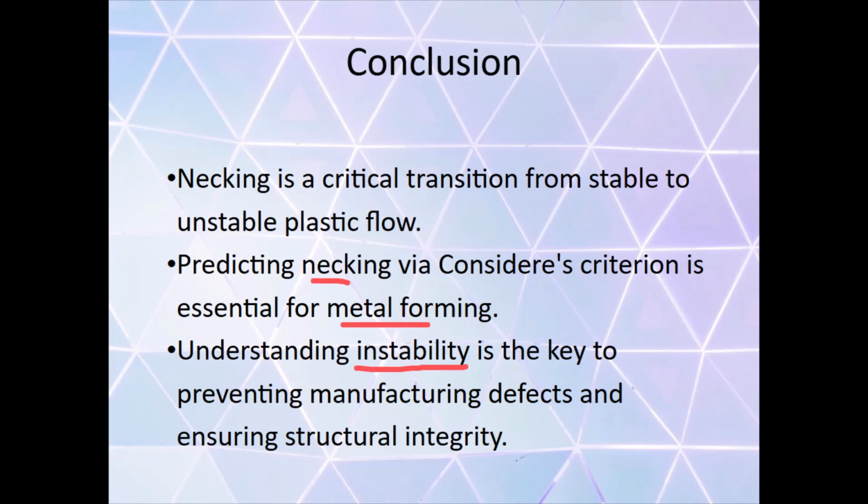So according to that, we have to make the material so that it withstands higher temperatures. For this also, we have to understand instability. This is the key to understanding this. And this is all about instability and necking.